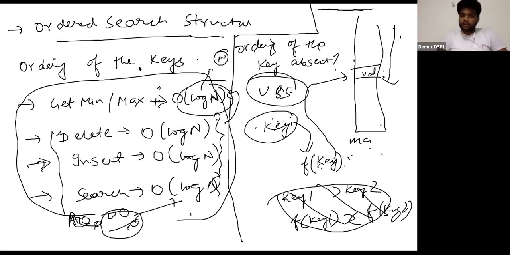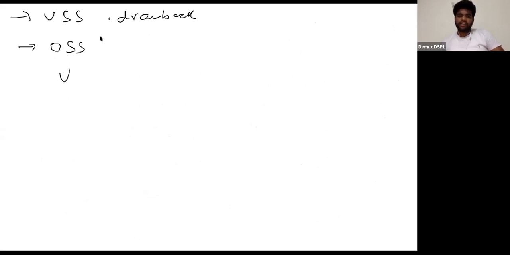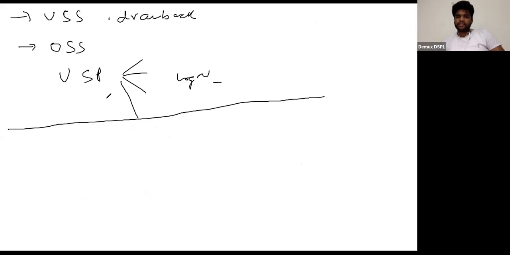So to summarize, I told you about unordered search structures and their drawback, and I introduced ordered search structures and their USP. USP is a unique selling point, as we were talking about the other day. The USP is that it lets you do all these 4 operations in log n time. So that's basically an introduction to ordered search structures.